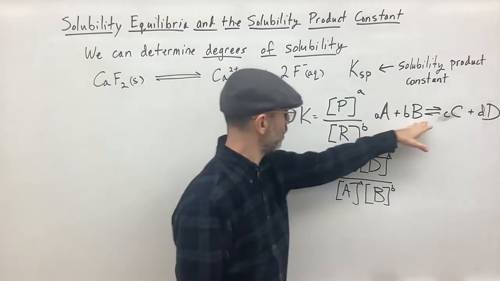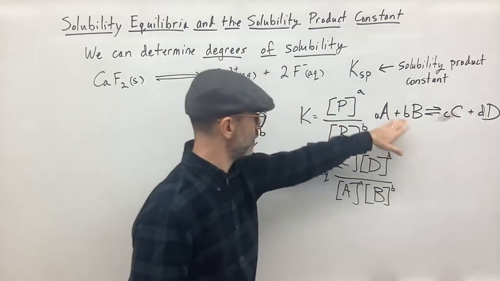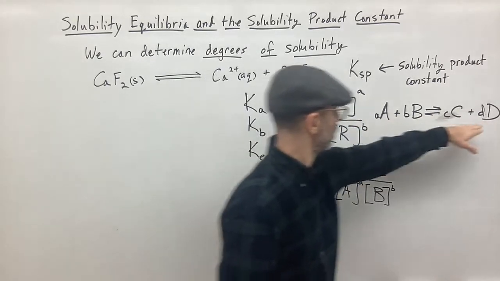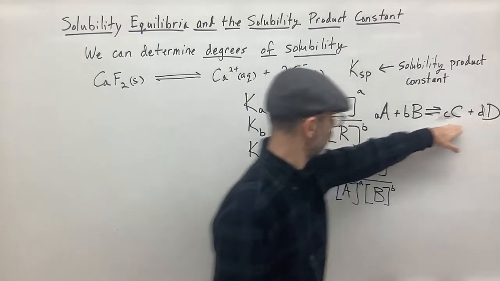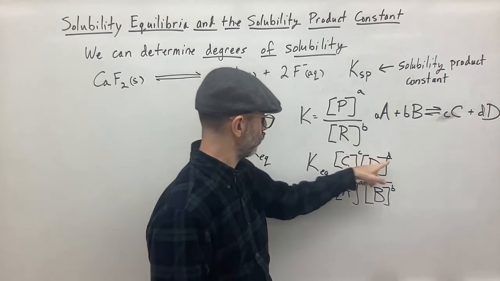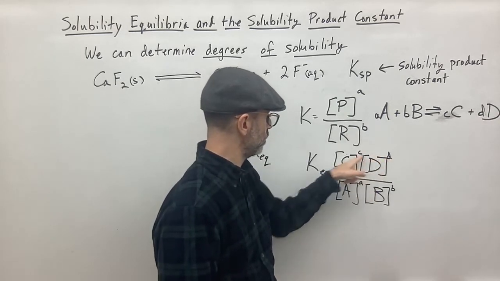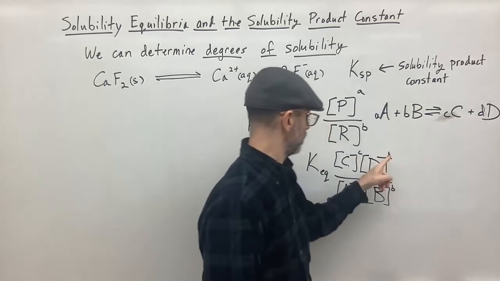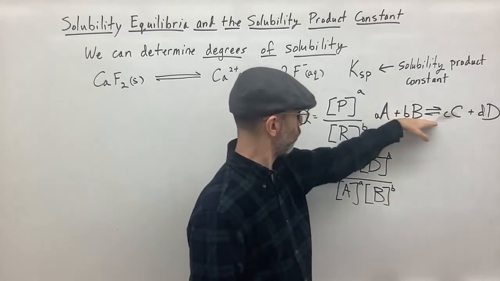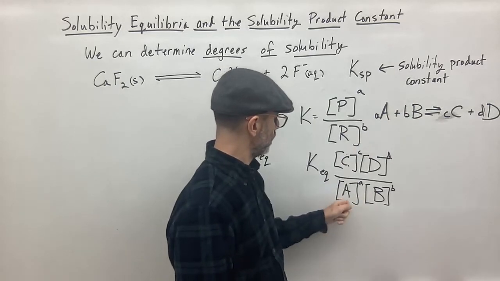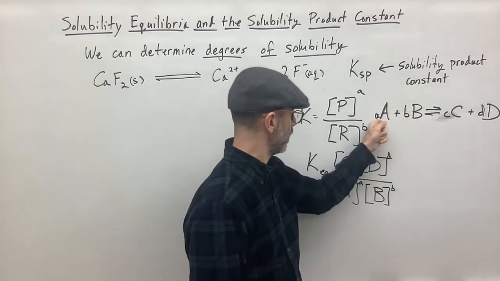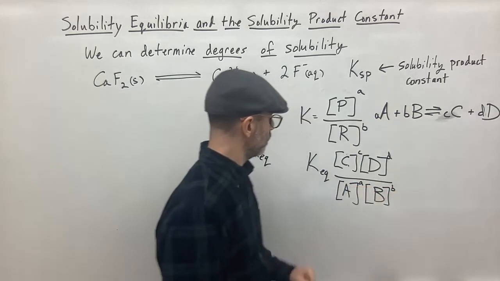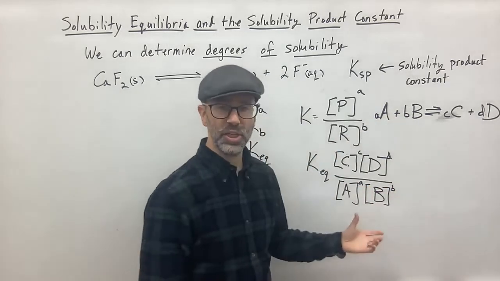When we're trying to find the equilibrium constant for this, assuming these are aqueous, it's going to be the concentration of the products raised to the power of their coefficients, C and D, divided by the concentration of the reactants raised to the power of their coefficients, A and B. So this is the general equation.